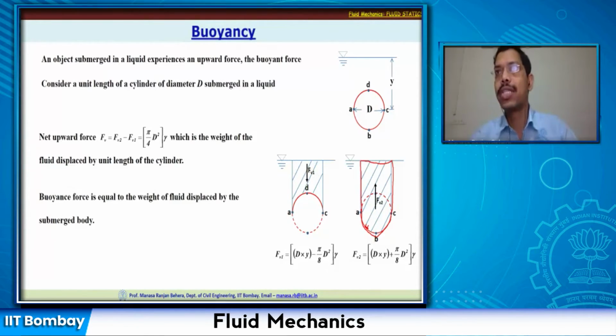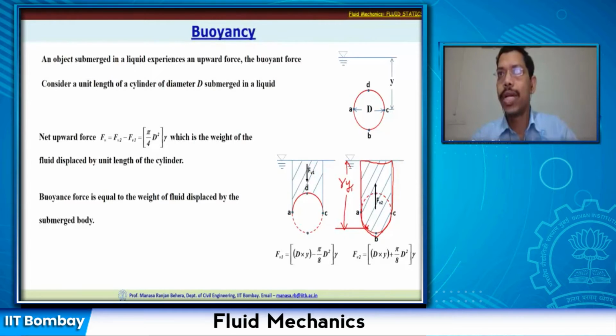Now if I consider this surface, then I want to find out what is the pressure acting here. So the pressure acting at this point outside this ABC surface is nothing but your gamma, let us say y1 here. So if I consider this, what is this? This is dA.